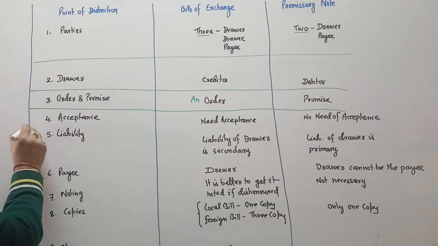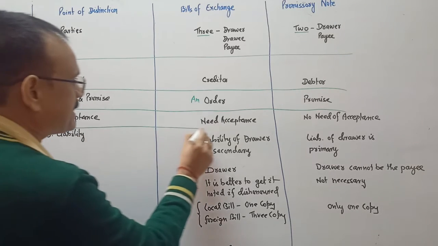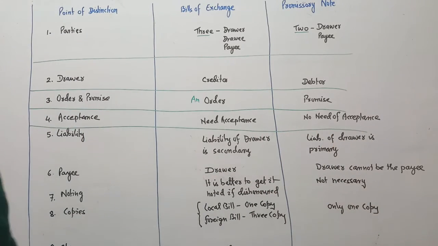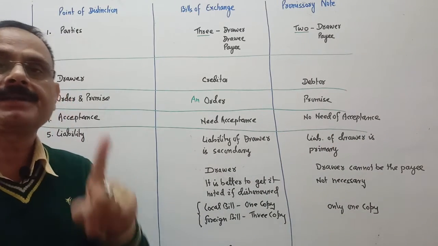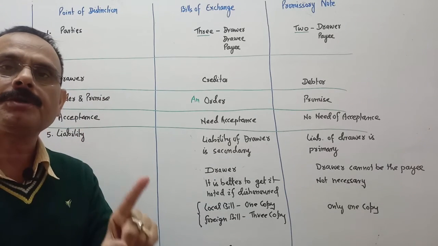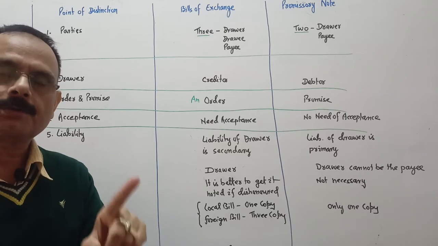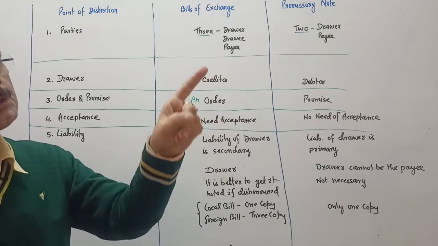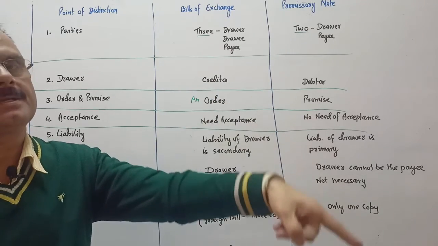Acceptance is the fourth point of difference. In bills of exchange, acceptance is mandatory. The bill of exchange is drawn by the creditor, and this must be accepted by the debtors.